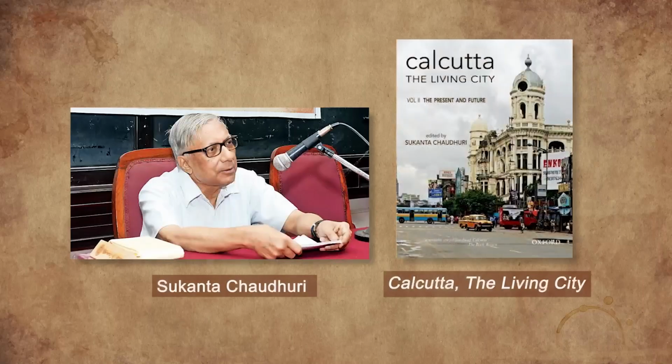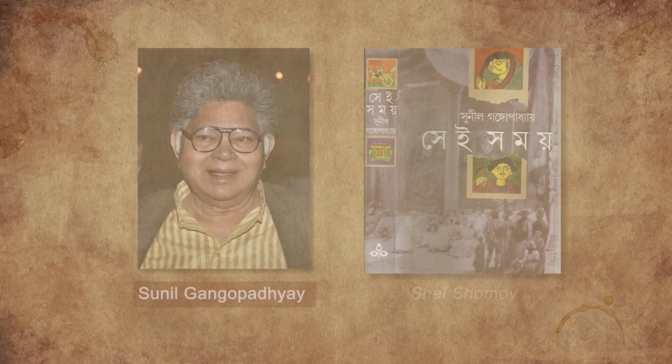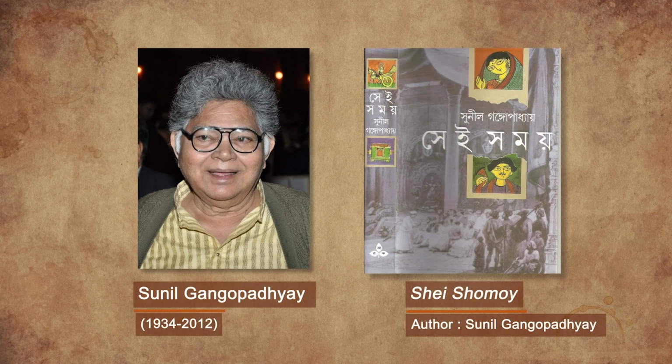But if I want to know only historical facts, then I will prefer the book by Sukanta Choudhury, Calcutta the Living City, Volumes 1 and 2, instead of relying on the novel by Sunil Gangopadhyay, Shei Shomoy.